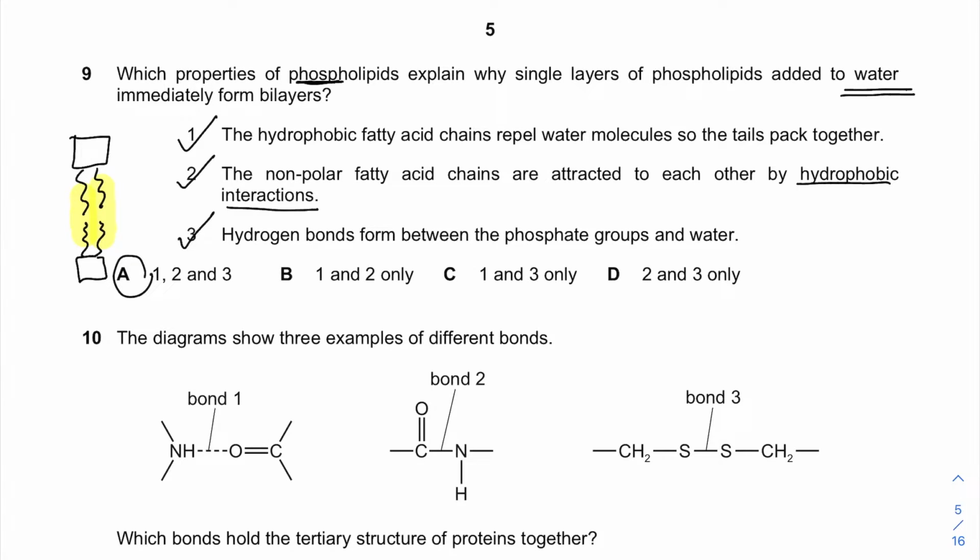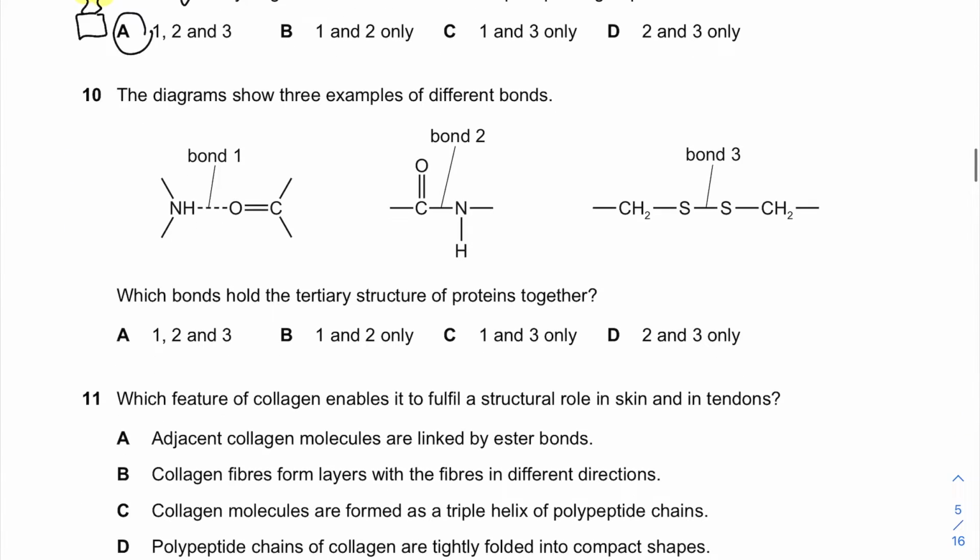Number 10. The diagrams show 3 examples of different bonds. Which bonds hold the tertiary structure of protein together? So the tertiary structure of protein, on top of the peptide bond and hydrogen bond that hold the primary and secondary structure together, you also have the interactions between R groups.